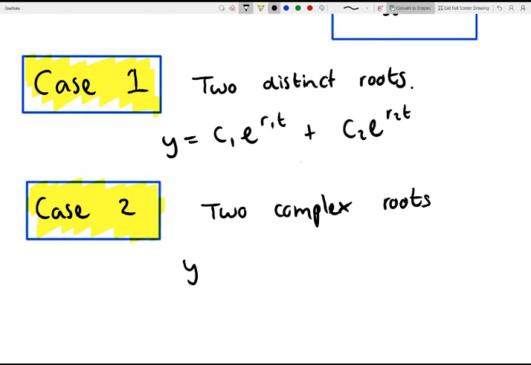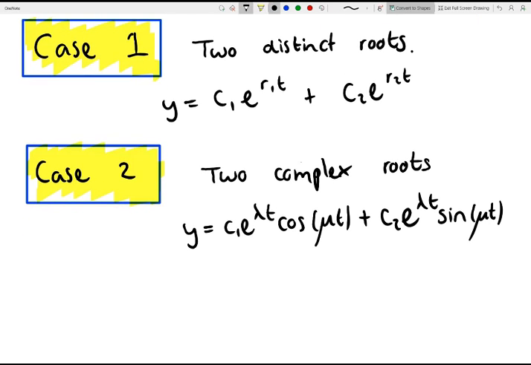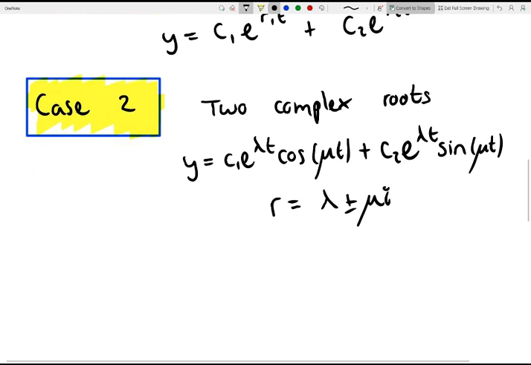So the solution would be y equals some constant times the exponential of lambda t times cos of mu t plus some other constant times the exponential of lambda t times sine of mu t. Okay, where our roots here are lambda plus or minus mu i. So when you solve the auxiliary equation, you get a lambda, you get a plus or minus mu, and those lambdas and mu's are the mu's and lambdas you see in the y above.